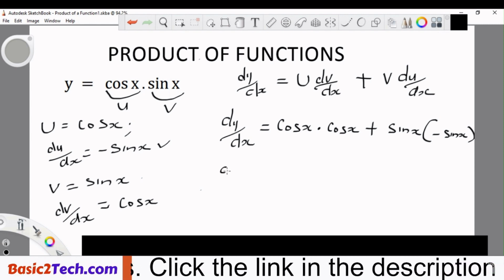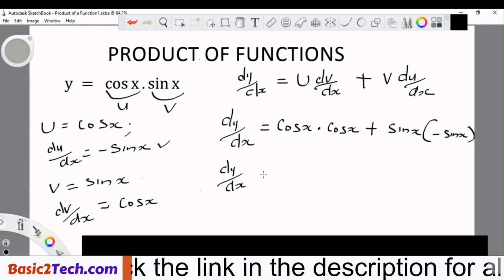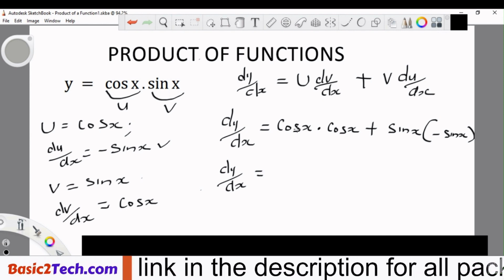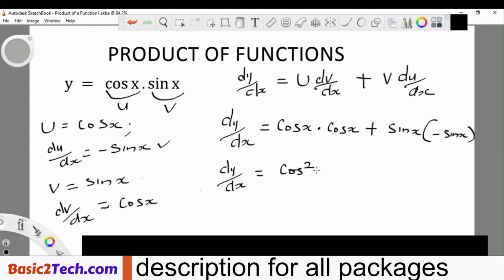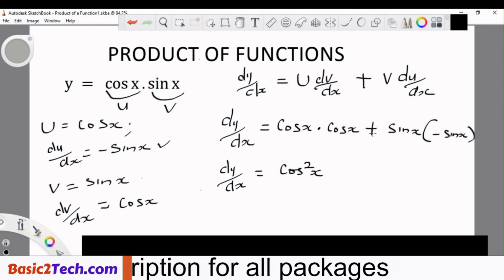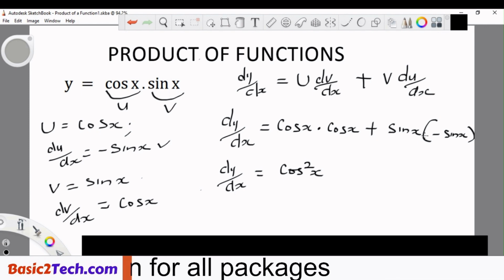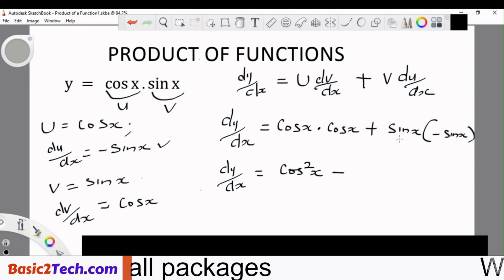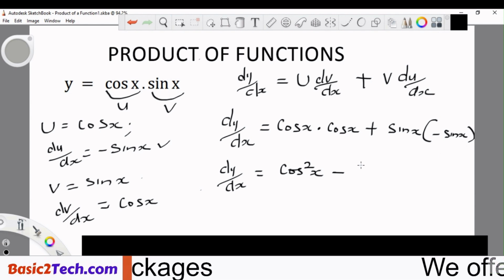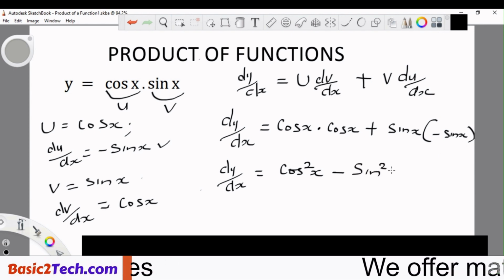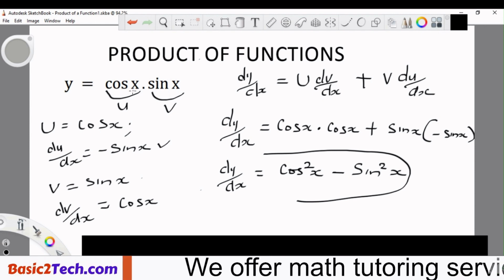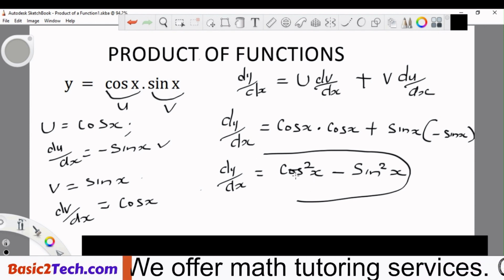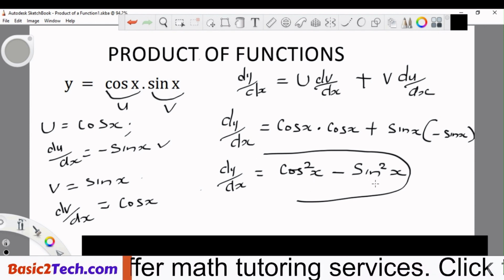So therefore, our dy/dx is equal to cos x times cos x, which gives us cos squared x. Now we have a plus and a minus, so a plus times minus is minus. Sin x times sin x gives us sin squared x. So this is our final answer. So when we differentiate cos x sin x, we get cos squared x minus sin squared x.